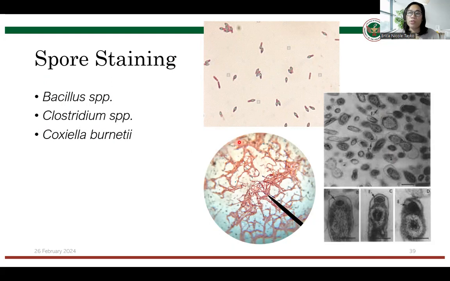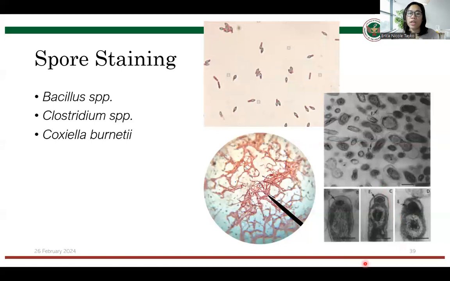So again, the purpose of your spores, it's actually for survival of your bacteria, no? So when the bacteria is subjected to unfavorable conditions, so that's when they try to form spores.